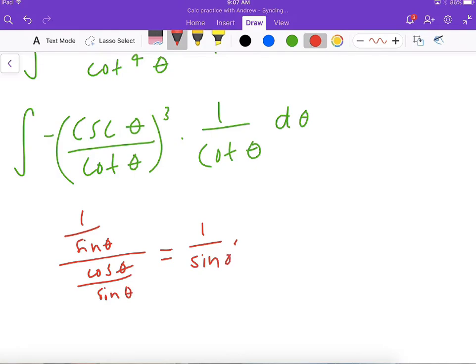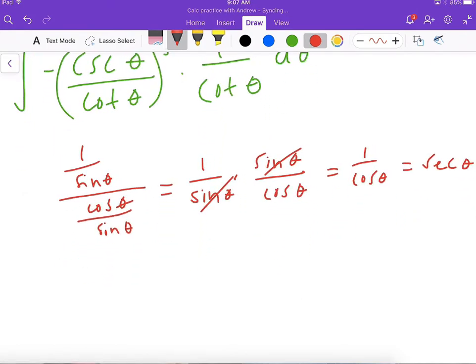So it's going to be 1 over sine times sine over cosine, just flipping that denominator. And those sines are going to cancel. So this becomes 1 over cosine, which is secant of theta. So changing things in terms of sine and cosine can actually help us quite a bit.